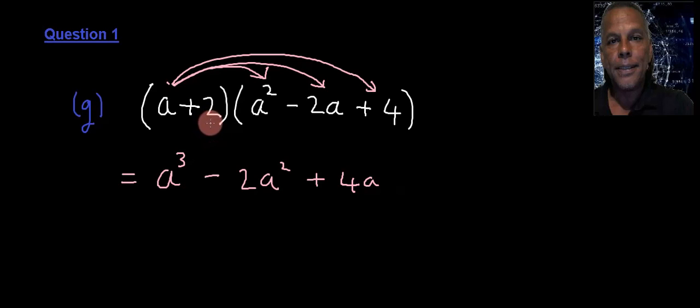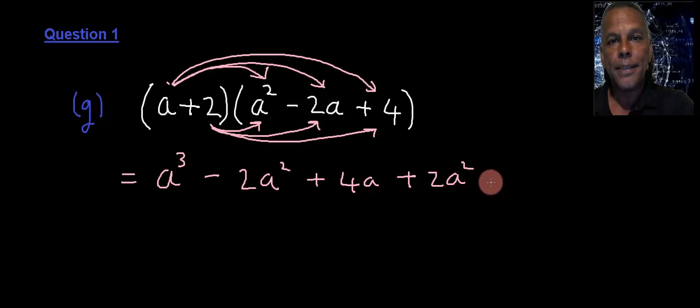Now we multiply the 2 into the second set of brackets. So 2 times a squared is 2a squared. Then positive 2 times negative 2a is negative 4a. And positive 2 times positive 4 is positive 8.